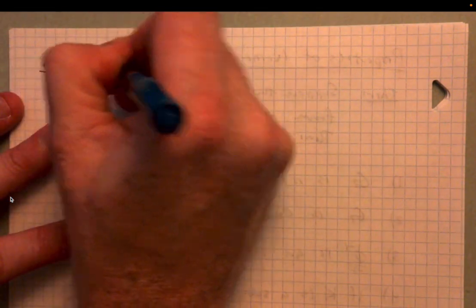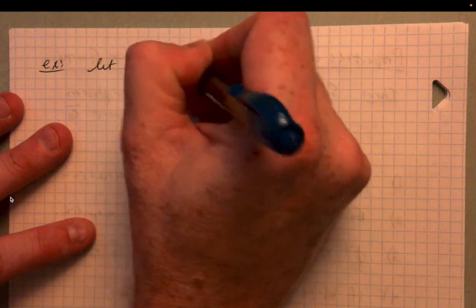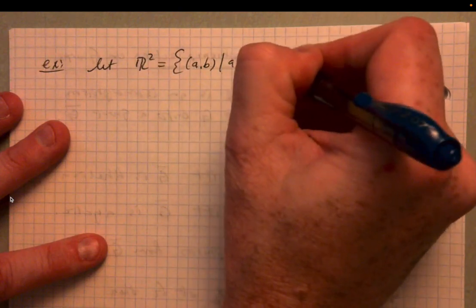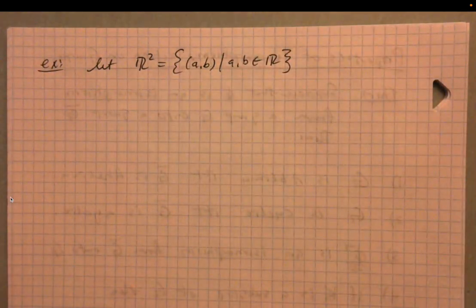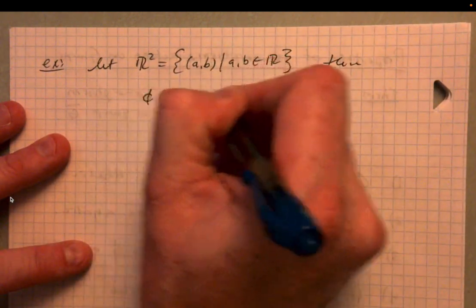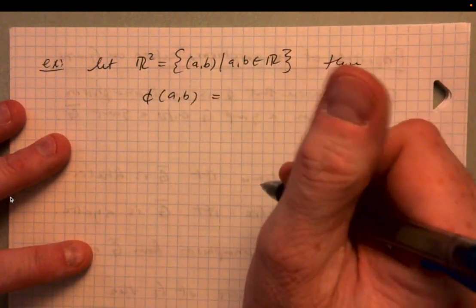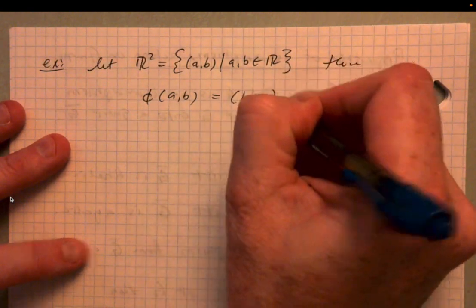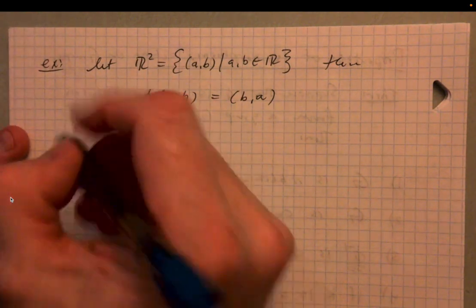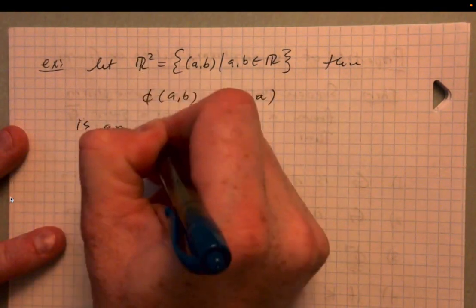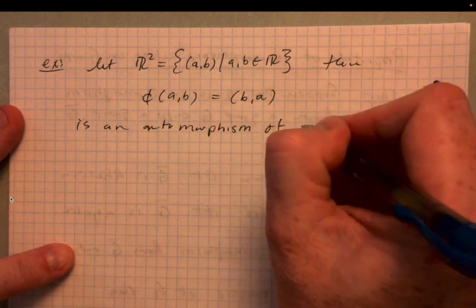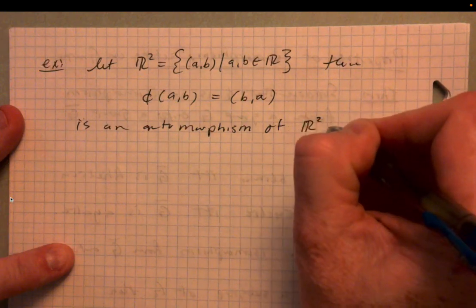We'll let R2, which we know is the ordered pairs of real numbers, then phi of AB, let's just flip them over, so phi of AB equals BA, then this is an automorphism of R2 under addition.